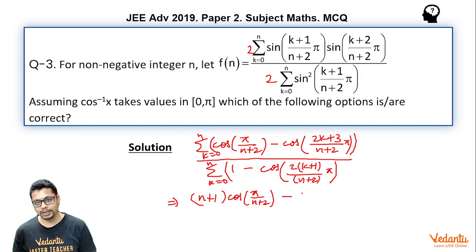So the summation would become sine of number of terms, which is n plus 1, times common difference, which if you see carefully is 2 pi by (n+2), so common difference by 2 becomes pi by (n+2), cos of (first term plus last term) by 2. First term would be 3 pi by (n+2) when you put k to be 0. Last term would be (2n+3)/(n+2) pi when you put k to be n.